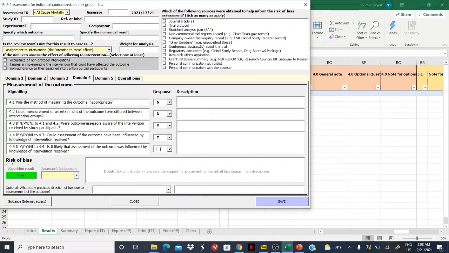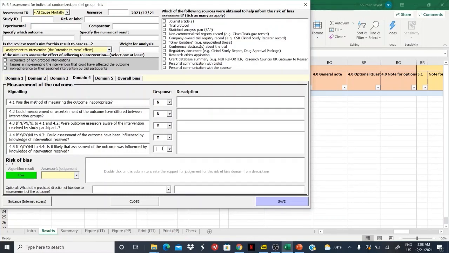And so in that case, it might well be that the outcome could have been influenced by the intervention received. In fact, it's not just that it could have been influenced, but it is likely that it would have been influenced, because there is a strong belief in whoever is assessing the outcome that this intervention really does have an effect.